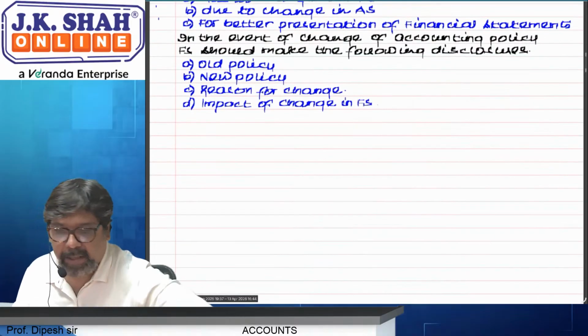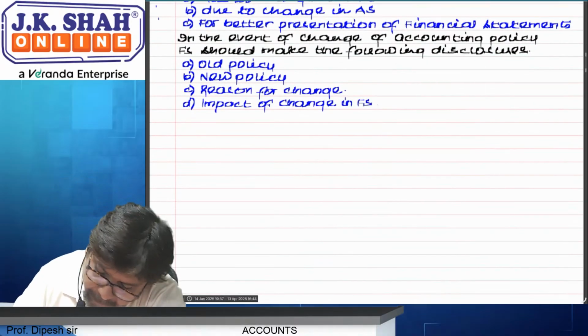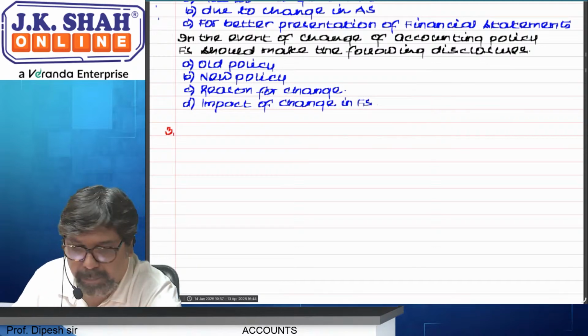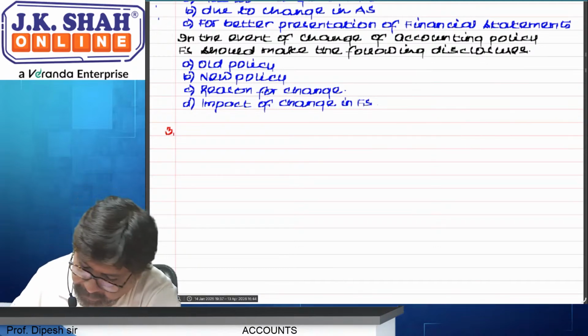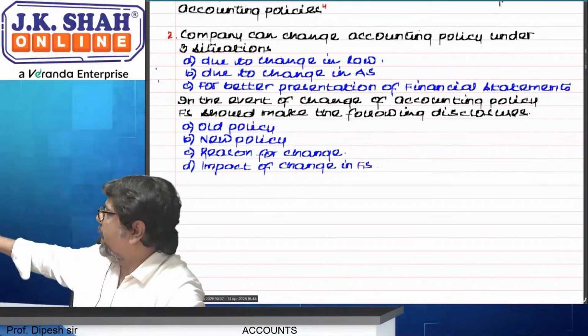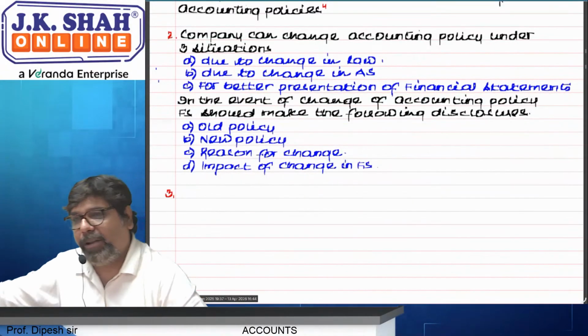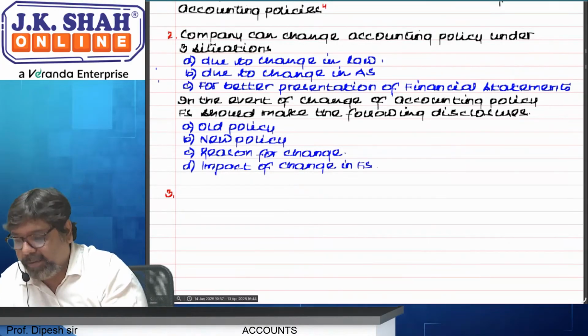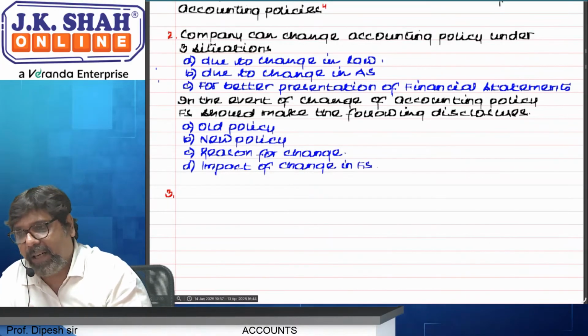Correct? Number 3. So this is what AS speaks about change in accounting policy, that when we can change and what we should do when we change the policy. So this is known as provision of the law.